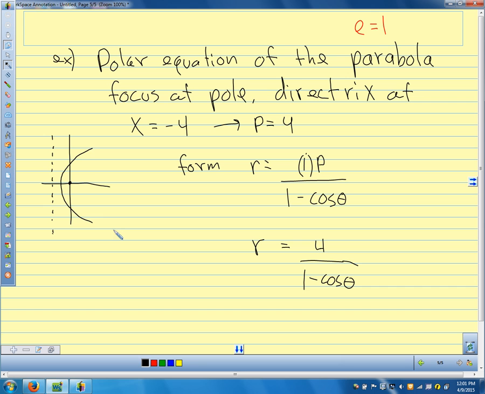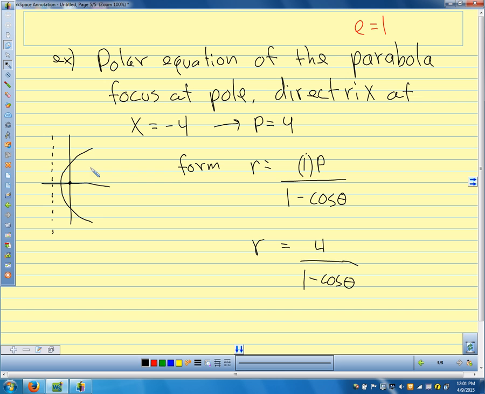All right, nice easy parabola there. Parabolas in polar coordinates are really easy because eccentricity is 1. All right, let's do one example with a hyperbola, and then I think we'll be set.